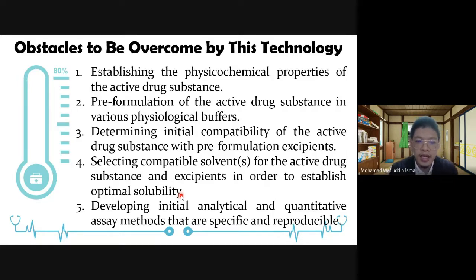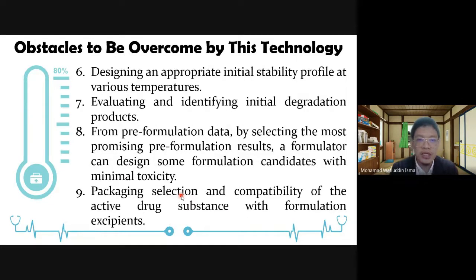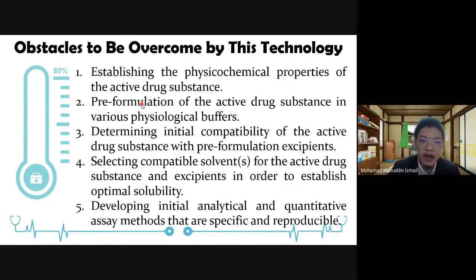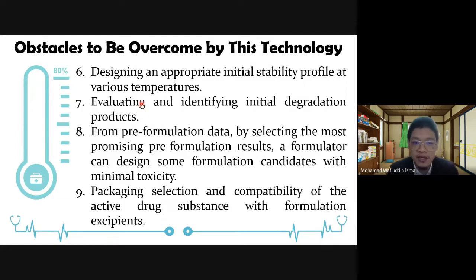All right. And then the fifth one, developing initial analytical and quantitative assay methods that are specific and reproducible, designing an appropriate initial stability profile, and evaluating and identifying initial degradation products. And from all these formulation data from 2, 3, 4, 5, 6, and 7, selecting the most promising pre-formulation result.